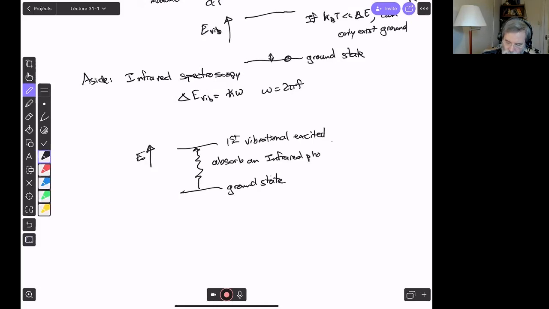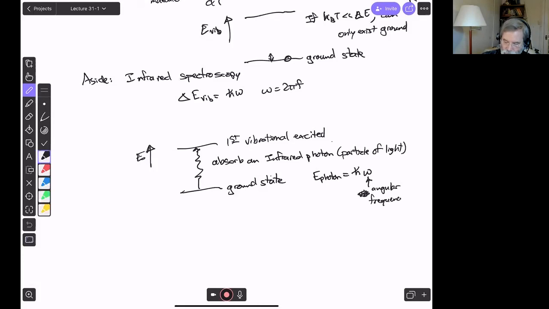So a photon is like a particle of light, and that can give you just the right amount of energy to jump from the ground state up to the first excited state. The energy of a photon is also equal to h bar omega, where this is the angular frequency of vibration of the photon.